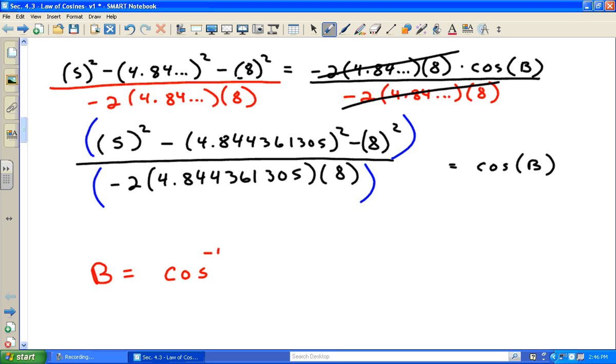Okay, when you enter in cosine inverse, it's going to automatically open up a set of parentheses. You're going to have to open up a set of parentheses saying, here's my numerator. Okay, you can actually take the parentheses off of the 5. You can just do 5 squared minus, and then you can do the same thing here, 4.844361305 squared, and then minus 8 squared.